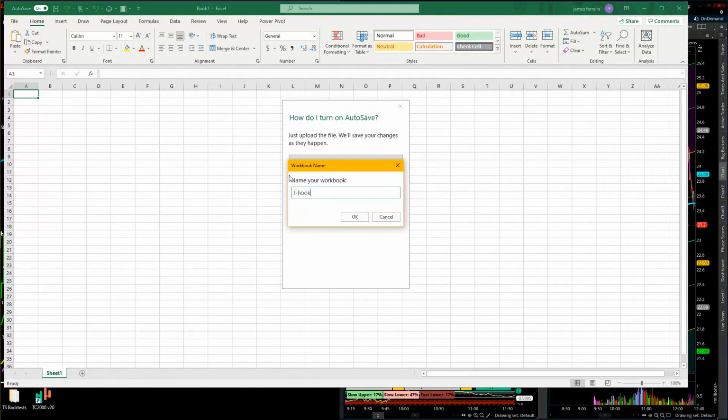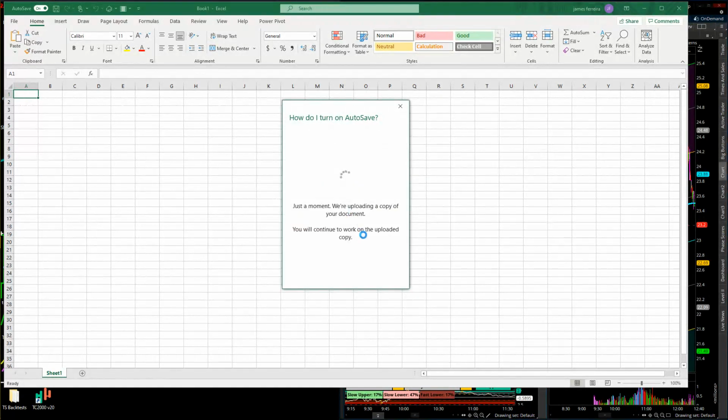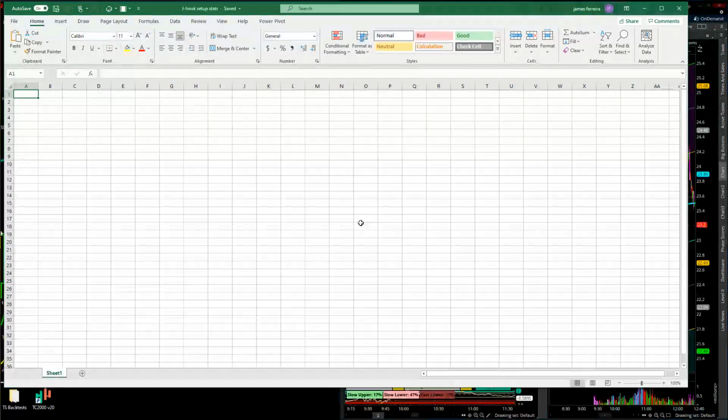I have done this before, done a full spreadsheet and then lost the whole thing. I'm going to make sure it auto-saves to my cloud, or else I'm going to be a sad monkey if it breaks, if I lose everything.